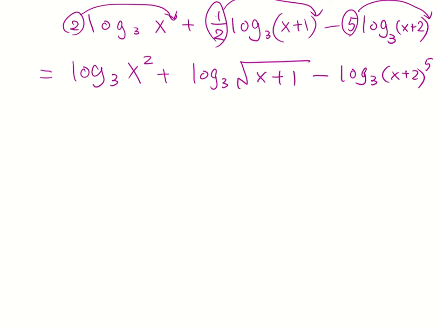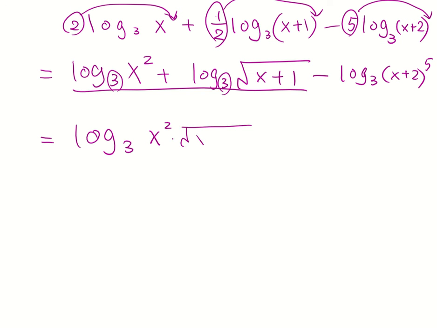Now we can use the product rule to combine these two logs together, because we have addition here. I know I can use the product rule because they also have the same base. So log with base 3 of, I can multiply the two arguments, x squared times square root of x plus 1.